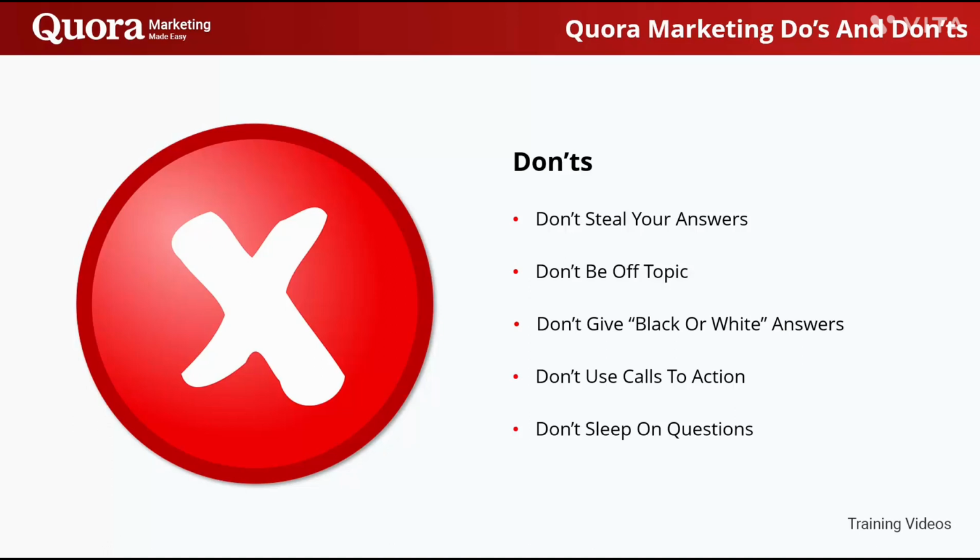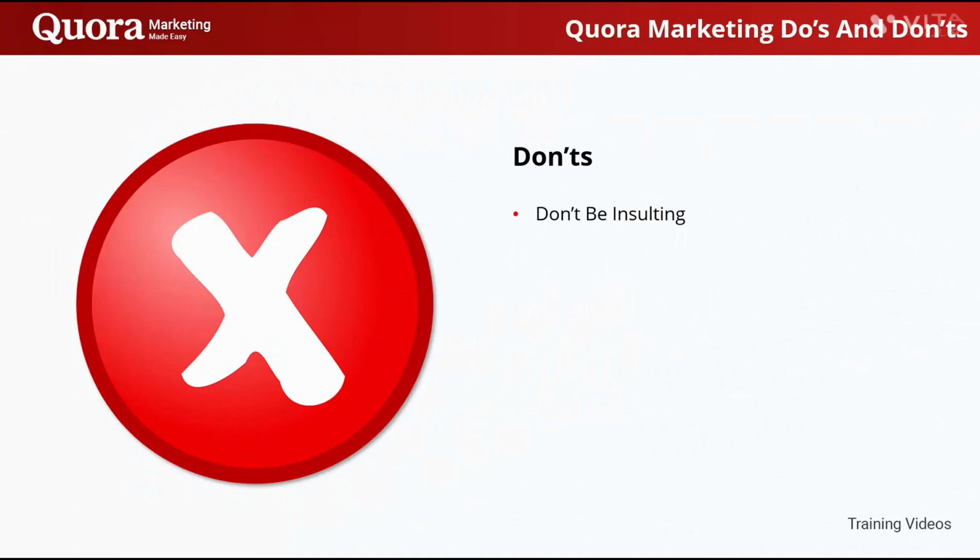Otherwise, you risk someone else providing an answer that gets upvoted until it's on top, which will leave you with no chance of participating in a relevant way. Don't be insulting. No matter how silly a question might sound, never respond with sarcasm or arrogance, and never be condescending. Remember that your answers represent your brand.